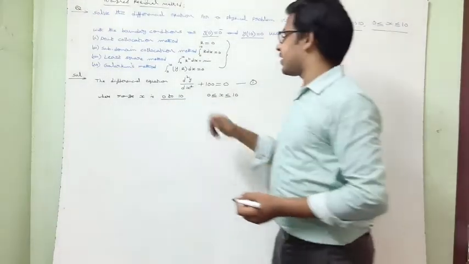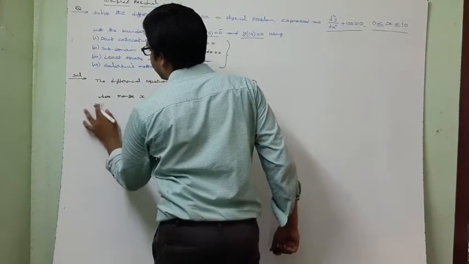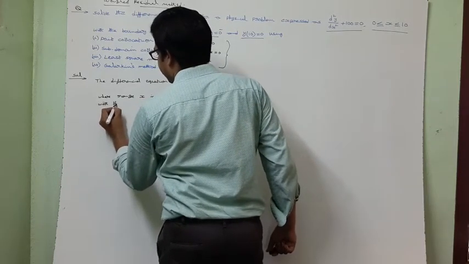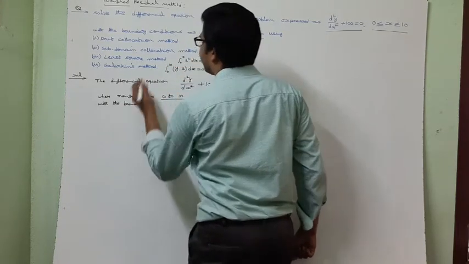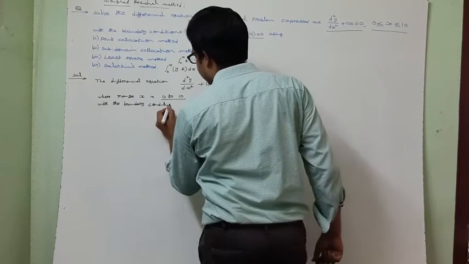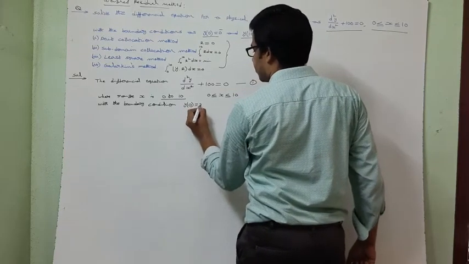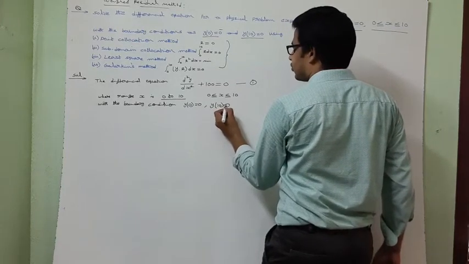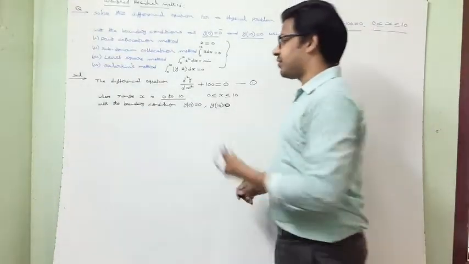Where the boundary conditions say, with the boundary conditions y of 0 is equal to 0, comma, y of 10 equal to 0. So y of 10 equal to 0. Here the trial function is not given in the problem.